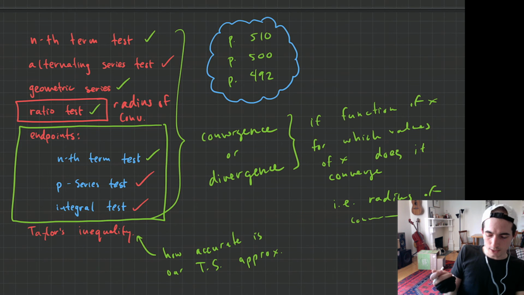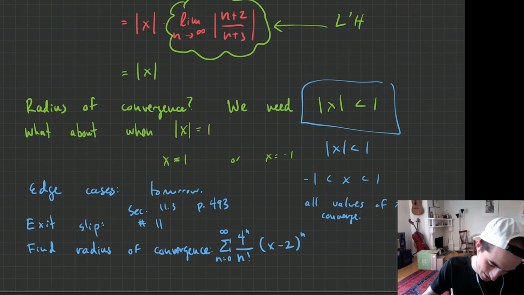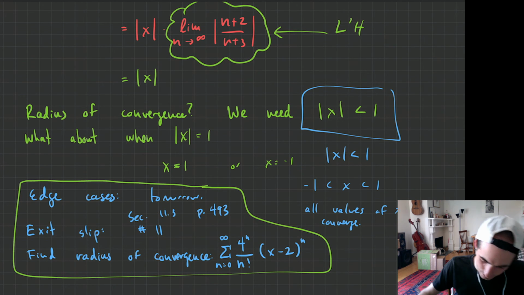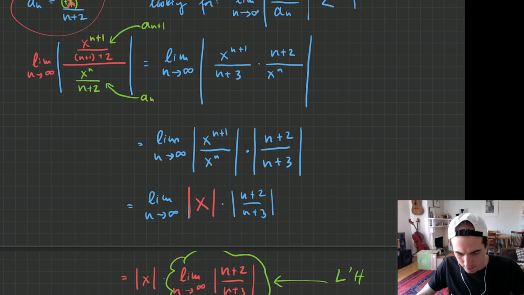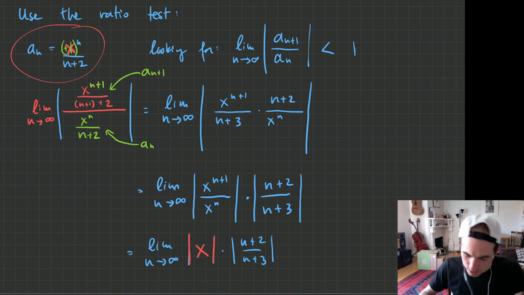Okay, so yesterday we looked at an example. Which example was it? Oh yeah, I said we'd talk about edge cases tomorrow. Right here. What we did yesterday is we looked at this one example, and we used the ratio test to see what the radius of convergence was.